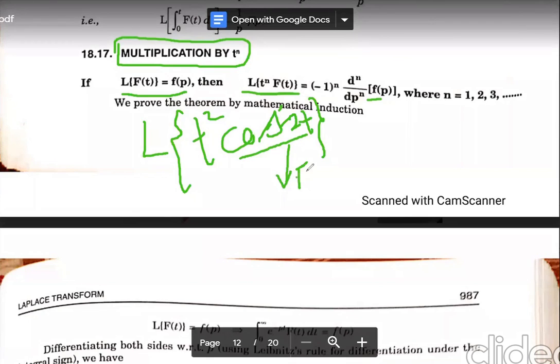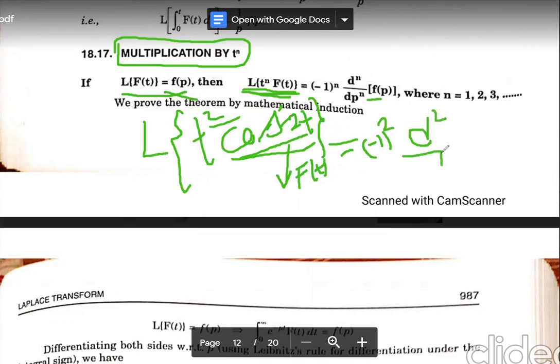The Laplace transform of cos of twice t you already know, so you will get f of p from that. Then if you use this formula, this is equal to minus 1 to the power n, and n here is 2, so minus 1 whole square, then differentiation with respect to p twice, that is second order.